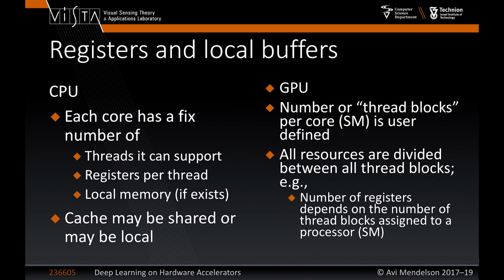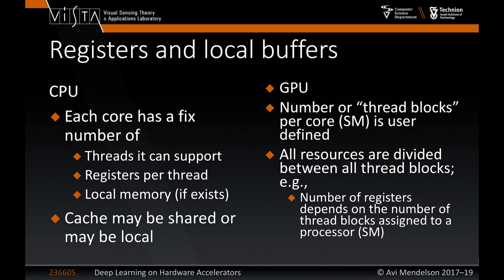It is interesting because this is a different way of thinking about the system. In general, I mentioned that in a CPU, all the resources are fixed. They're partitioned between the CPUs and so on. In the GPU, the number of what we call registers or shared memory, etc., is dynamic.